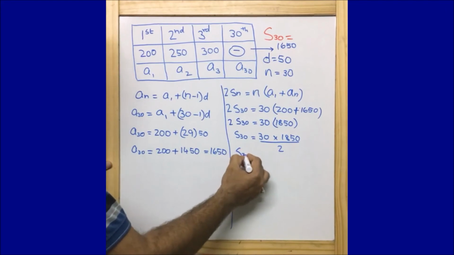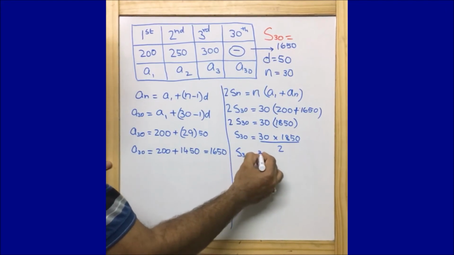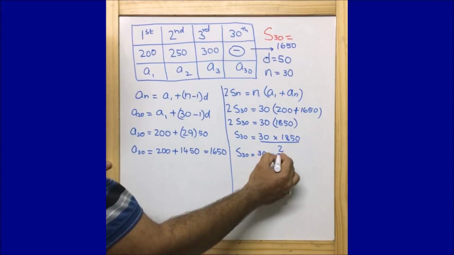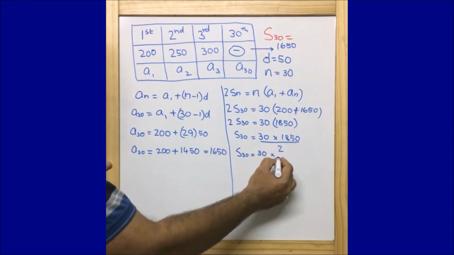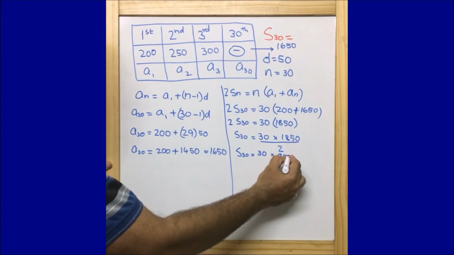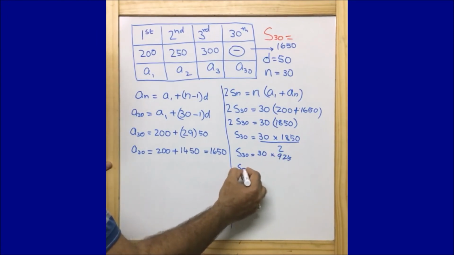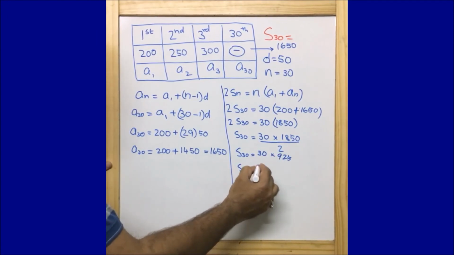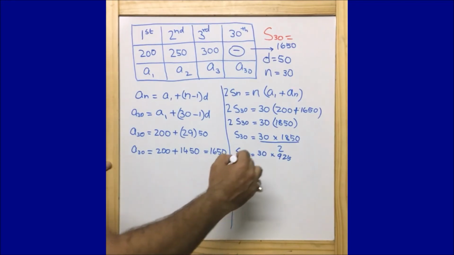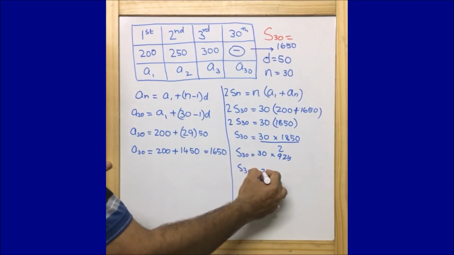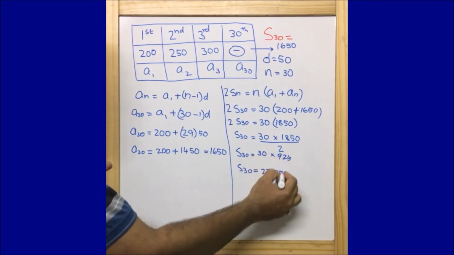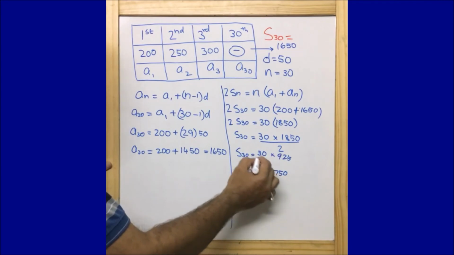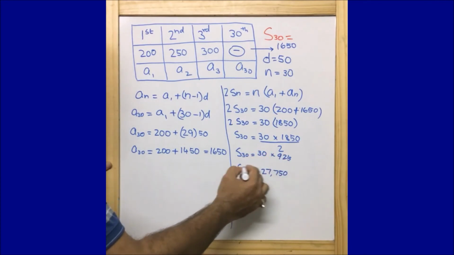Or S30 is equal to 30 into 925, because 1850 divided by 2 gives 925. So S30 is equal to 925 into 30, which becomes 27,750, because 3 5s are 15, 3 2s are 6, 6 plus 1 is 7, 3 9s are 27.